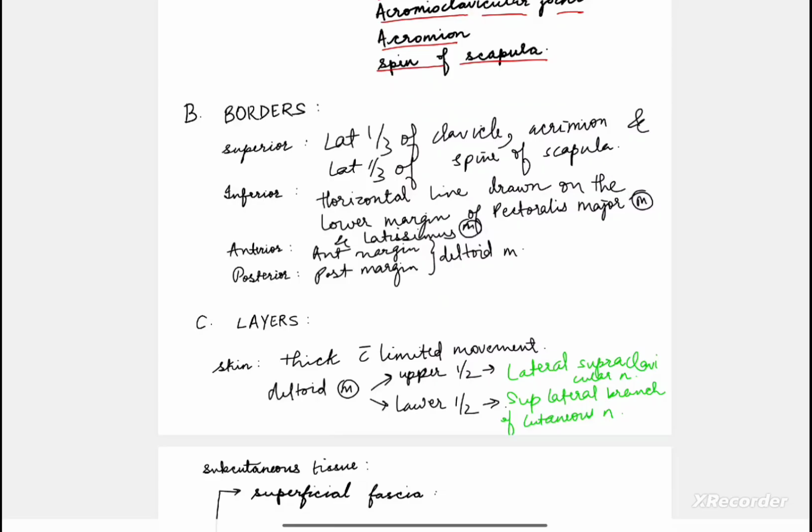Okay. So the skin is thick with limited movement, and the deltoid region is divided into two parts, upper half and lower half. The upper half is supplied by the lateral supraclavicular nerve, and the lower half is supplied by the superior lateral branch of the cutaneous nerve.